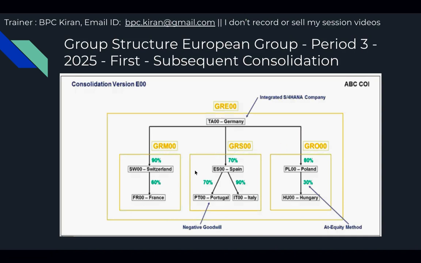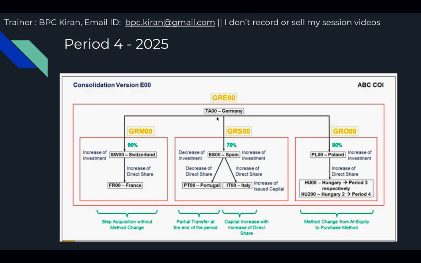In this course, we are going to have these three groups, GRM, GRS and GRO, and one more group, GRE, which is the Europe group. Every time we discuss activity-based consolidation of investments, we take one group. For example, GRM group, which is the Central Europe group, where we are going to discuss an increase in investments.